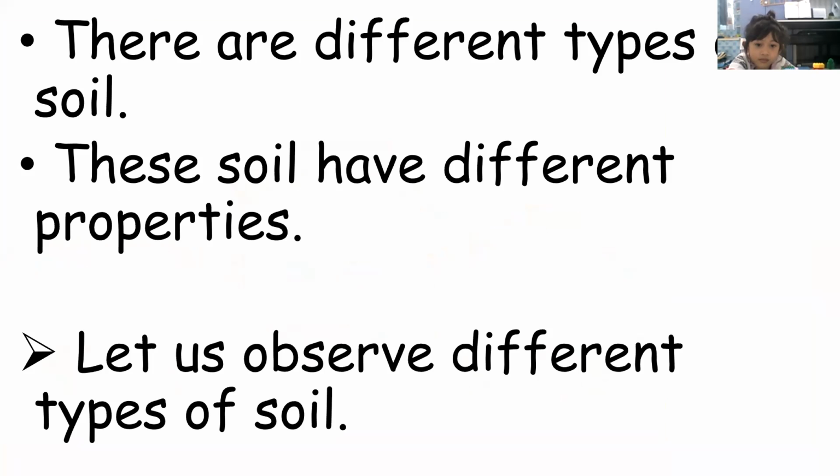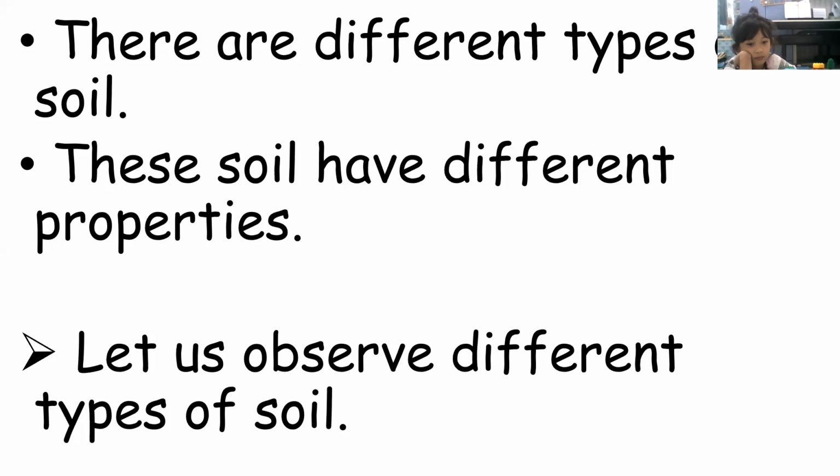The clayey soil is not the same as the loamy soil. And the loamy soil is not the same as the sandy soil. It's totally different. So each of them has their properties.